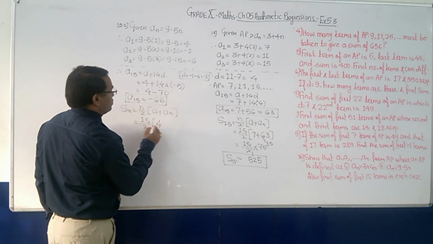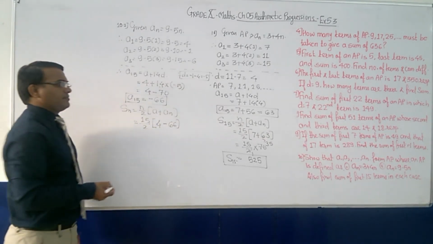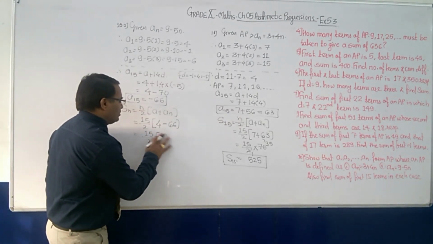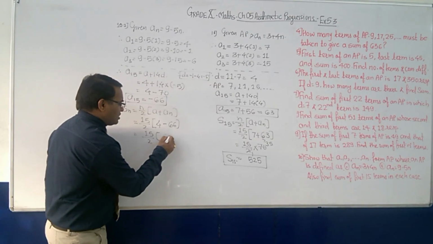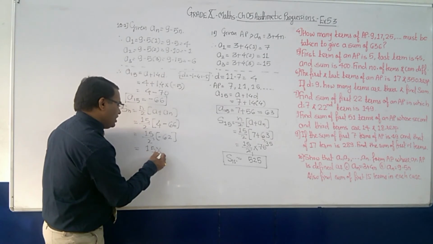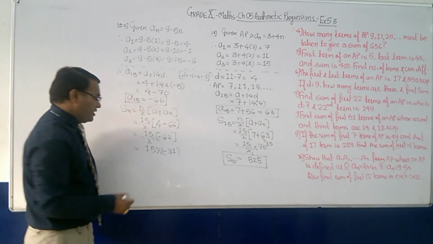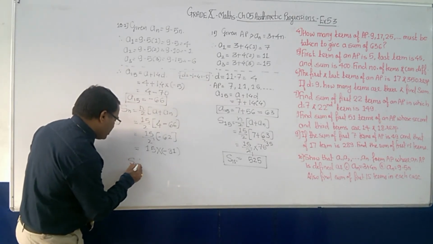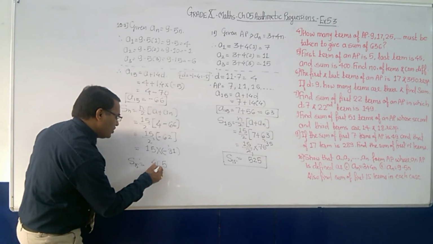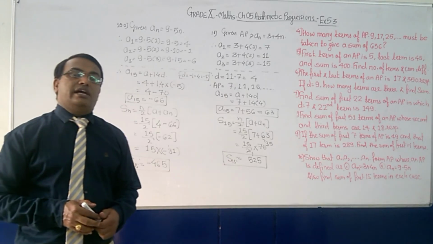Your first term is 4, then your an is the last term, that is minus 66. And then 15 upon 2 into 4 minus 66, that is minus 62. And if you do it, it will be 15 into minus of 2 31s. That is minus 31. So your final answer, the sum of the first 15 terms: 15 1s are 15, 1 carry, 5 3s are 15, 15 plus 1, 46. That is S15 is equal to minus 465.